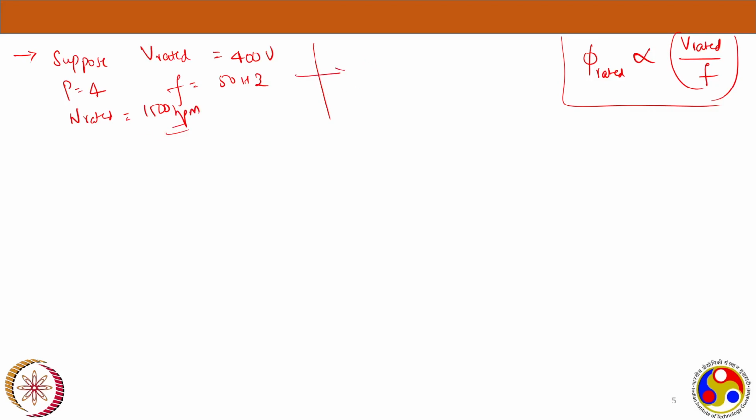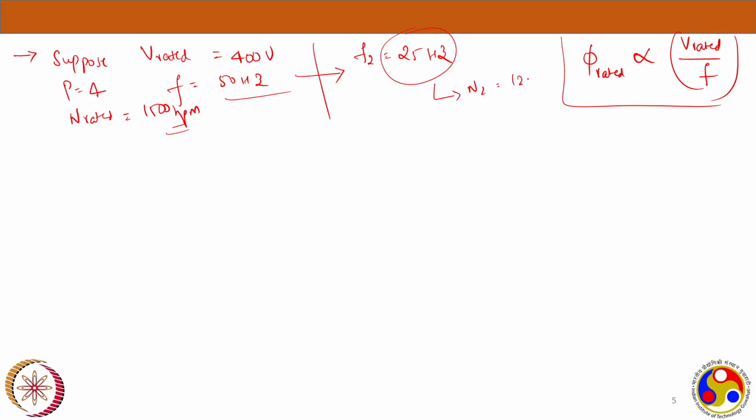Now, if I want to run this motor at a different speed, at a different frequency, let's say I want to run this motor at half of its frequency, that is 25 hertz, because your inverter can give variable frequency now. So if I'm changing this F2, what will happen to my speed?